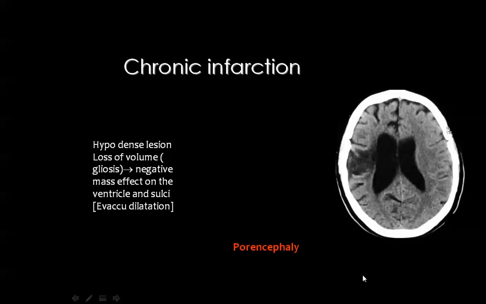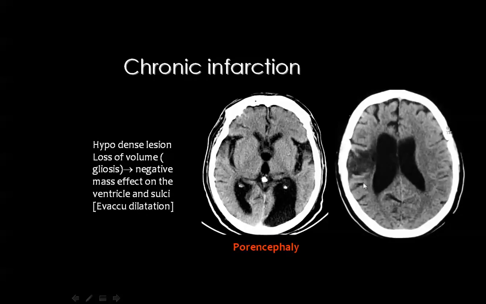Then chronic infarction is an area of the brain tissue which is dead and liquefied with the consequent loss of volume and the compensatory dilatation of the ipsilateral ventricle. After some time, the infarcted area contains fluid and the ventricle also contains fluid. Both fluids are only separated by the very thin ventricular wall.